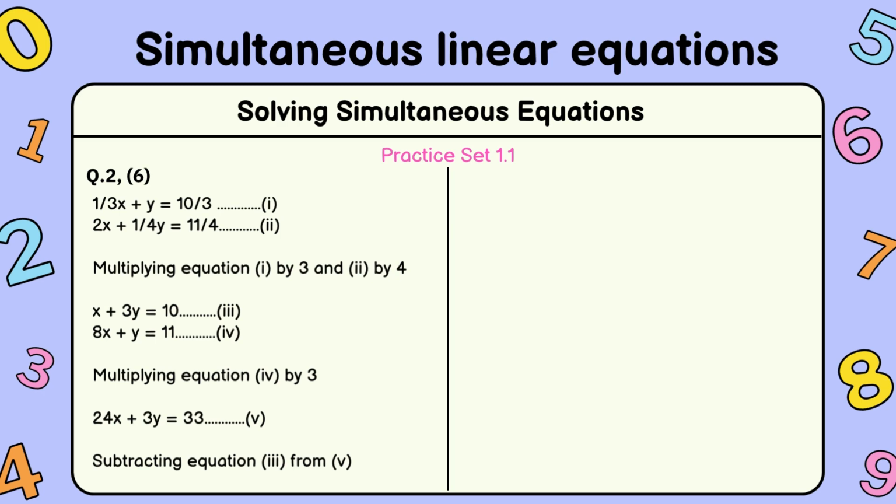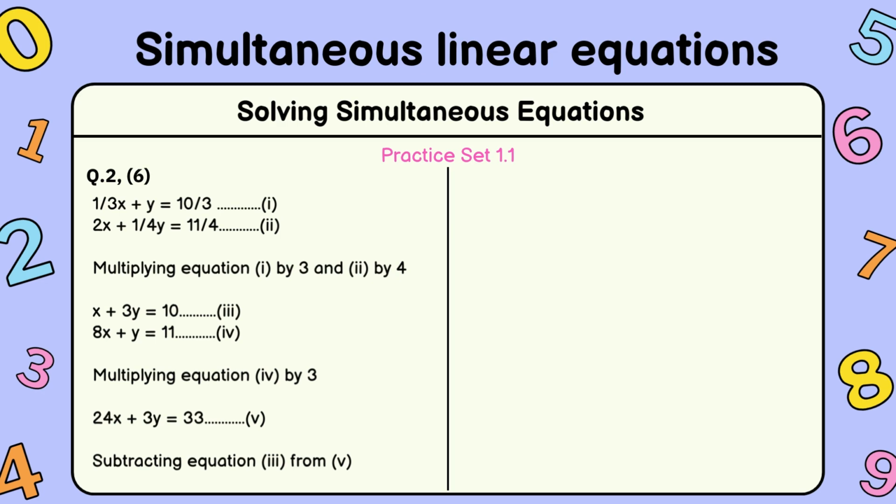Now to solve both of these equations, we need one of the variables to have the same coefficient. So we'll multiply equation 4 by 3. That will give us 24x plus 3y is equal to 33. This will become our equation 5. Now we need to subtract these equations since they are both positive, so we want one to be negative.